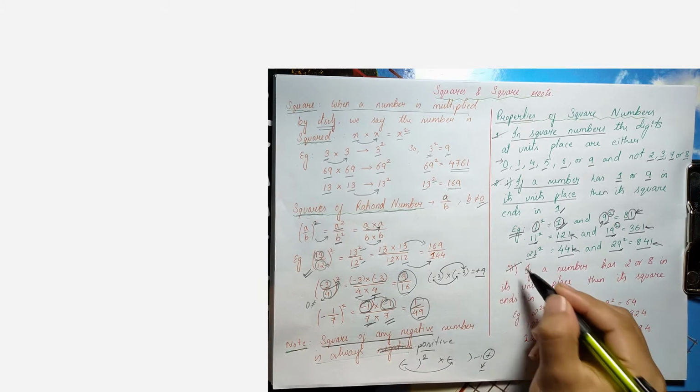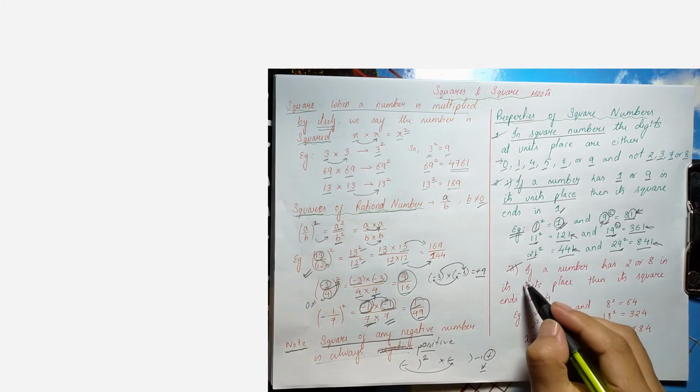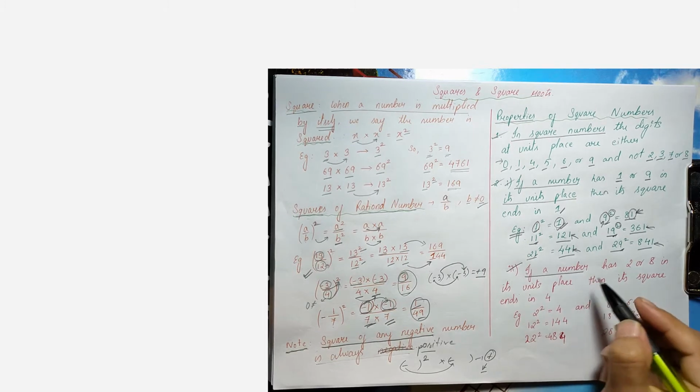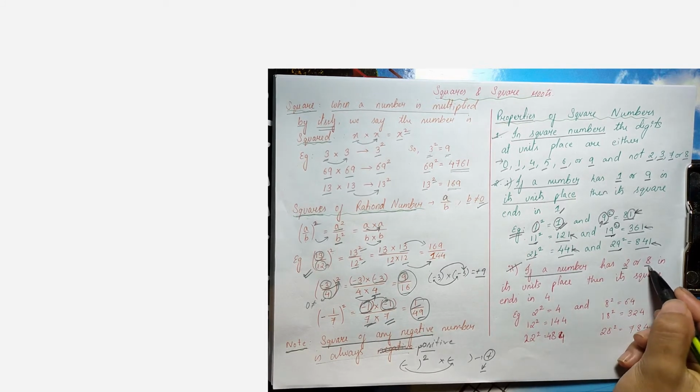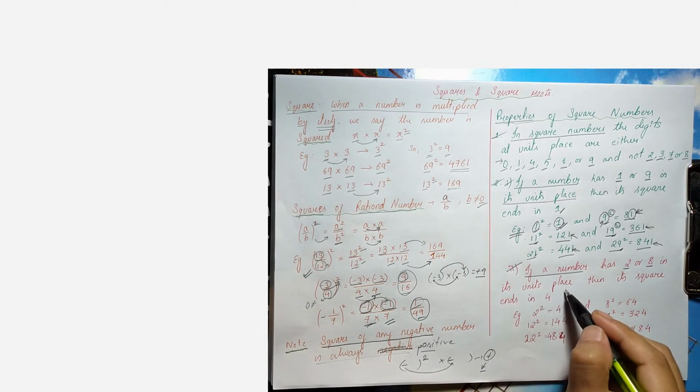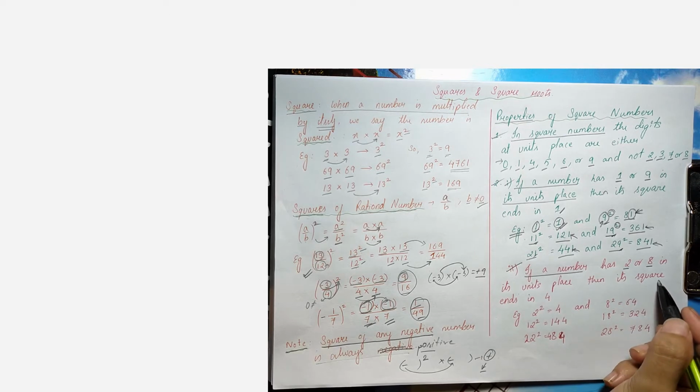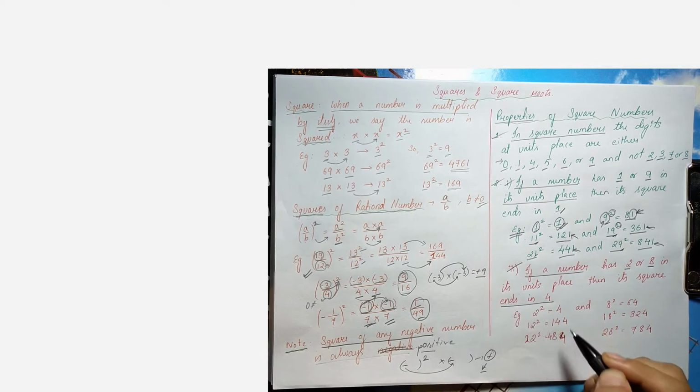The second property is if a number has 2 or 8 in its units place, then its square ends in 4.